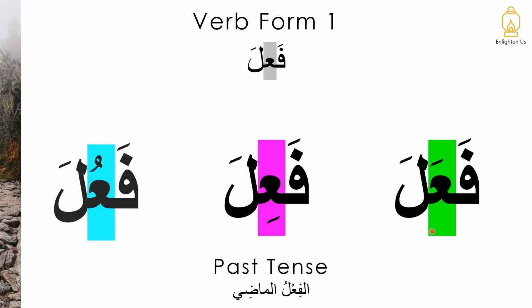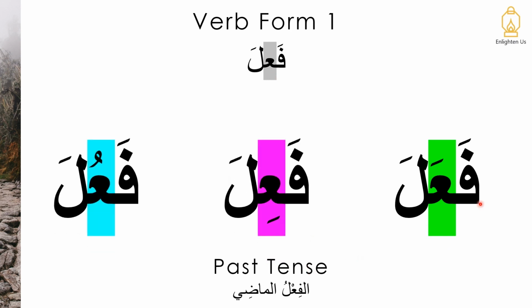As you can see, for verb form 1, the عين can be فعل, it can have a fatha. The عين can have a kasra, so it can be فعل, or it can have a dhamma, it can be فعل. There's not only a discrepancy or a difference in the past tense, we see something similar in the present tense. Let's have a look at some examples.